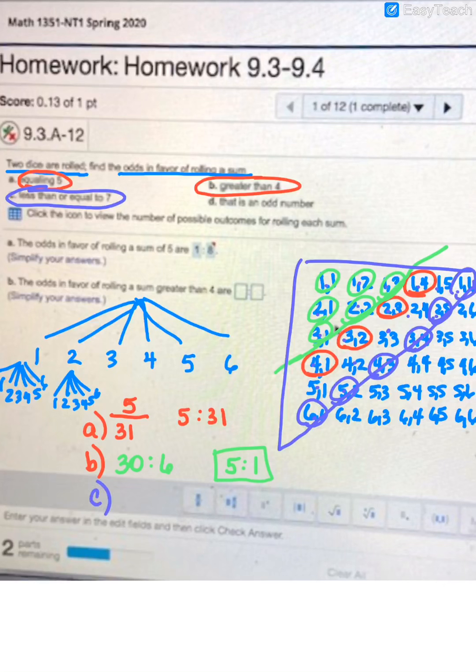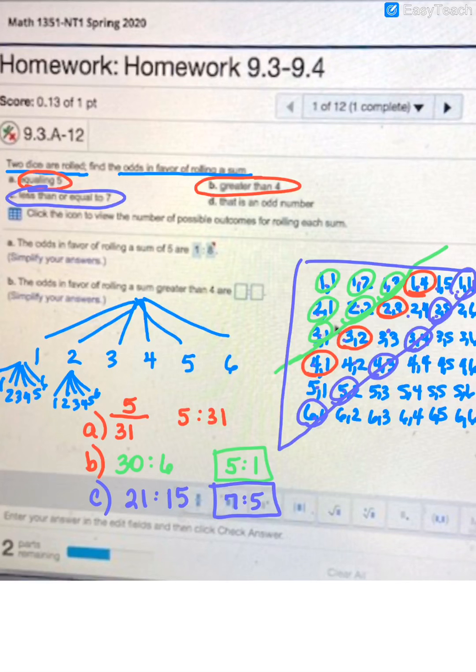So there are 21 sums that are less than or equal to 7. And since I know there's 36 total, then that must mean there are 15 sums that are not. And so again, both of those numbers are divisible by 3. So if I divide both by 3, I get odds of 7 to 5.